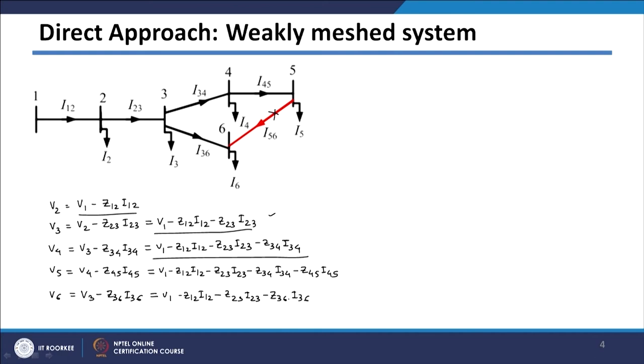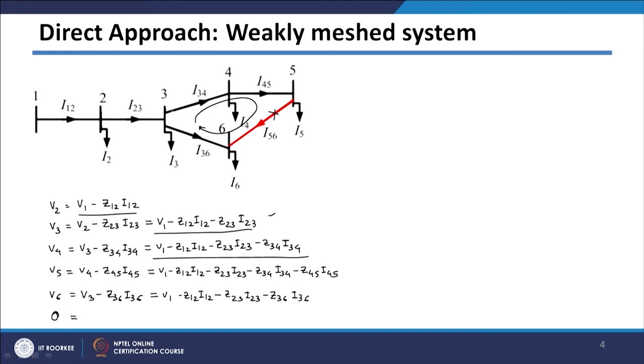And then one more equation I am writing considering this loop. If you consider this loop starting from say 3, 4, and apply KVL for this particular loop, the total voltage of the loop will be equal to 0.